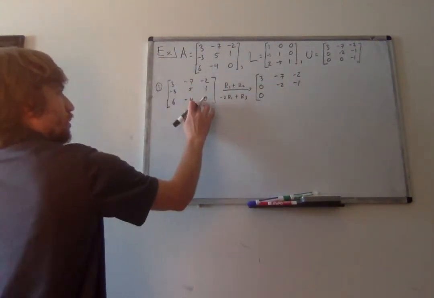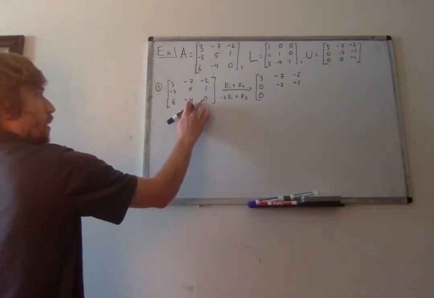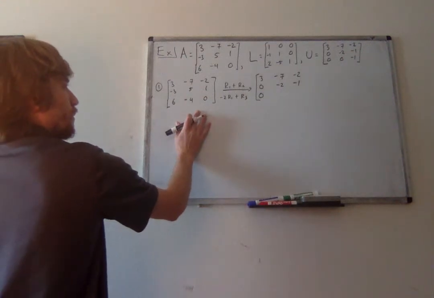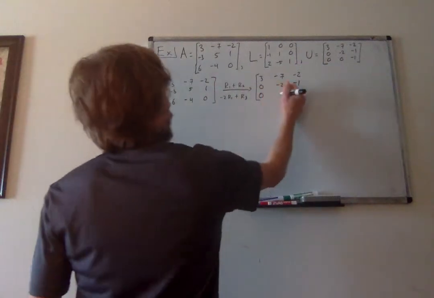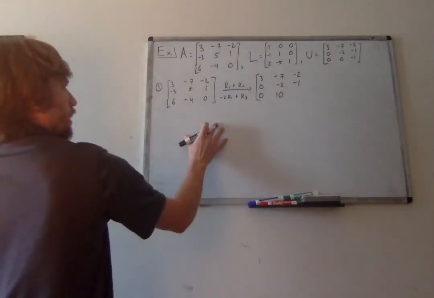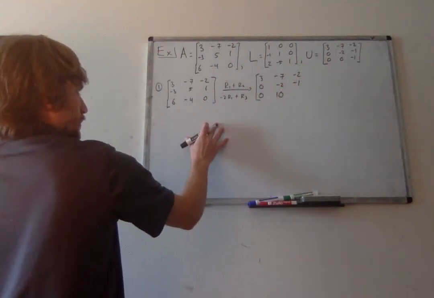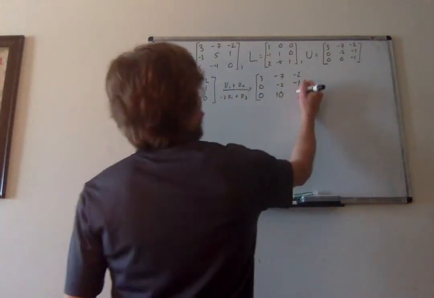So that should give me -2 times 7 minus 4 is 10. And -2, that should be 4.